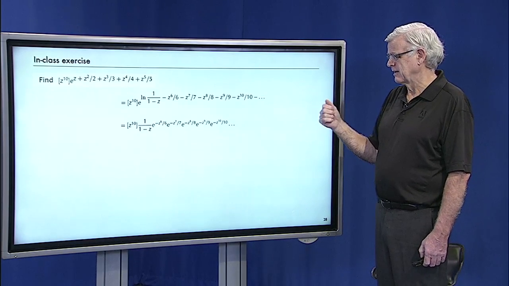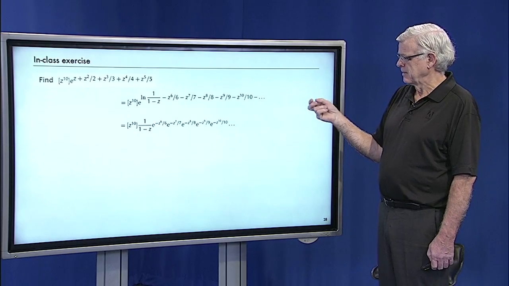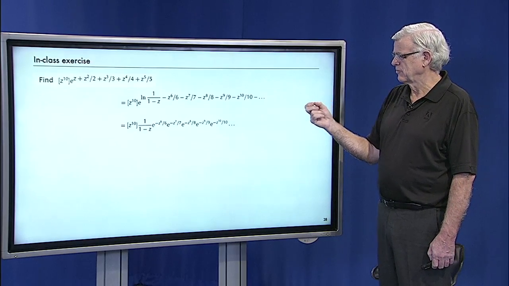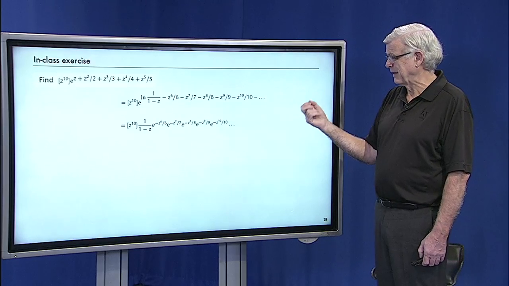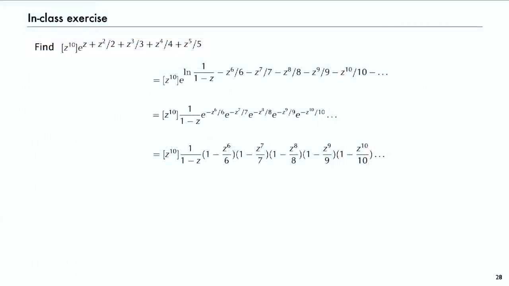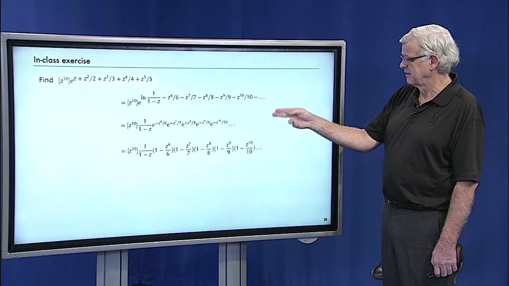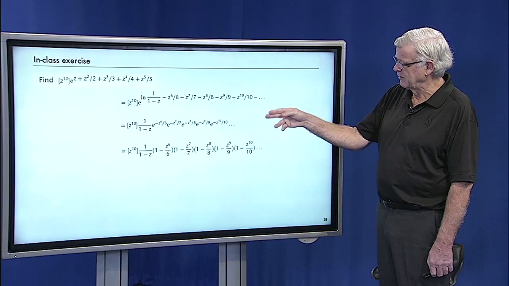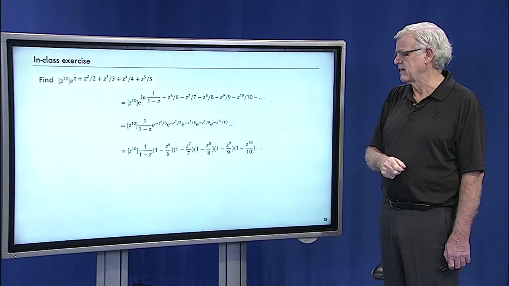Now the key idea here is that each one of those terms, if we use Taylor's theorem to expand them, we only need to keep the first term. e to the minus z to the 6 over 6 is 1 minus z to the 6 over 6 plus z to the 12th over 2 factorial times 36, but we don't need the next term because it's z to the 12th, and we are only interested in z to the 10th.